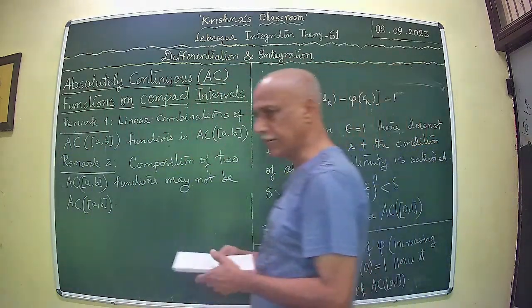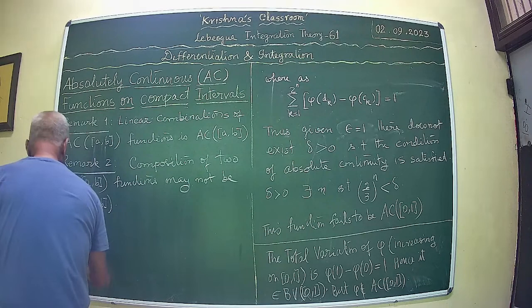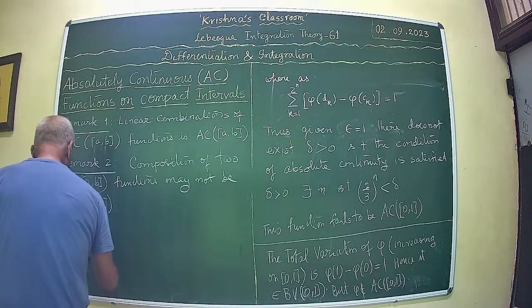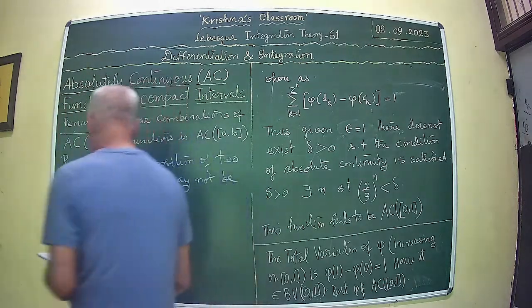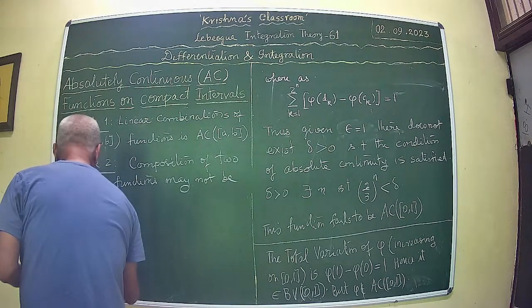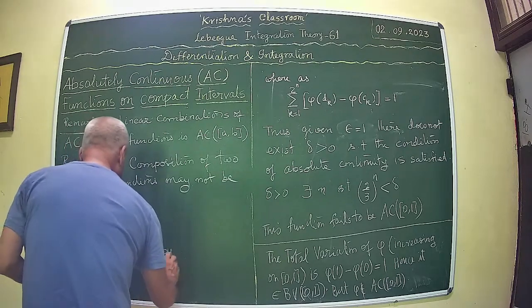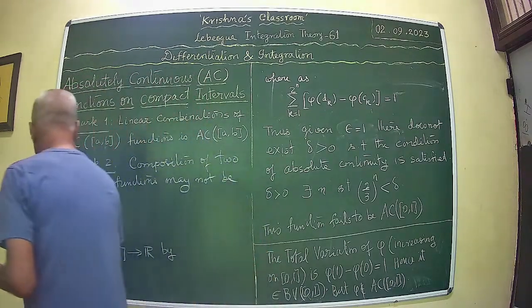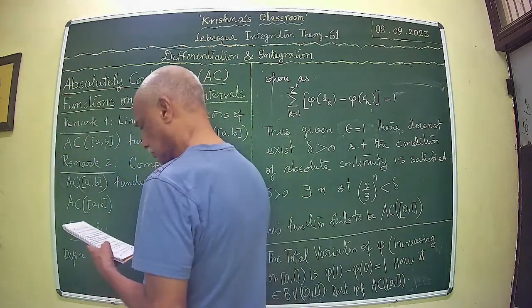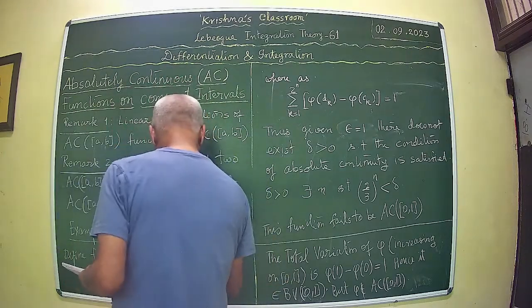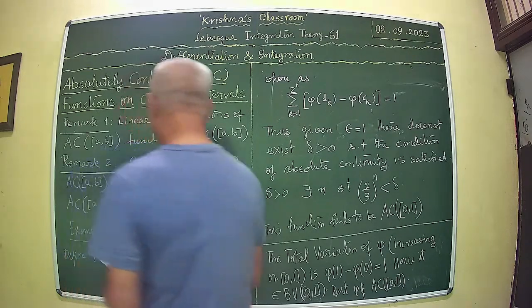Now we give an example here. Define f from -1 to 1 to R by f(x) equal to the cube root of x.